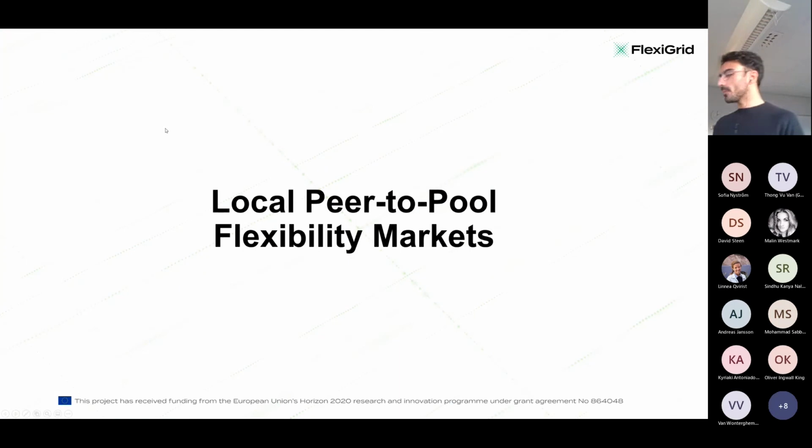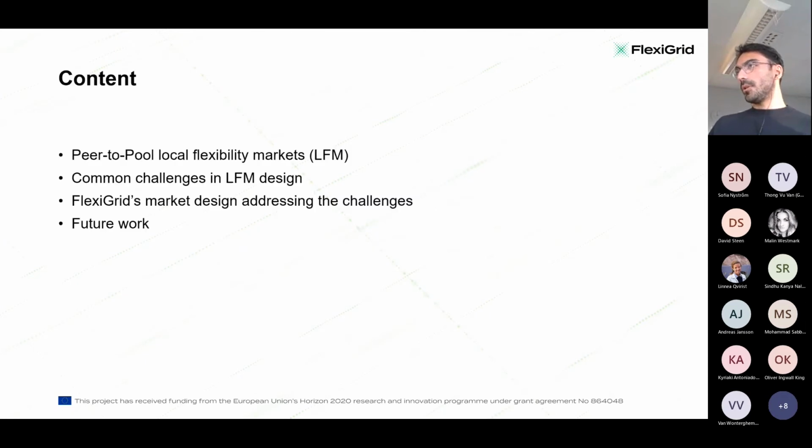Here we go. Yeah, so in this section, I will try my best to explain a bit about the local peer-to-pool flexibility markets. But first, and I tried to formulate it in this order, first discussing what we mean by peer-to-pool, and then what the common challenges are in the design of these markets.